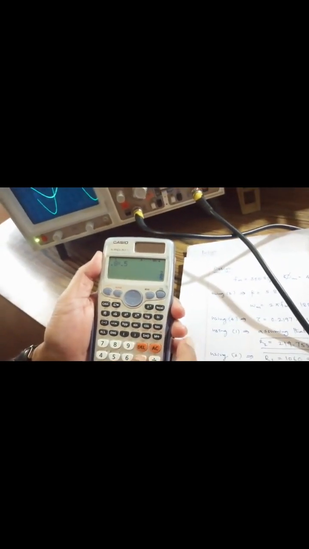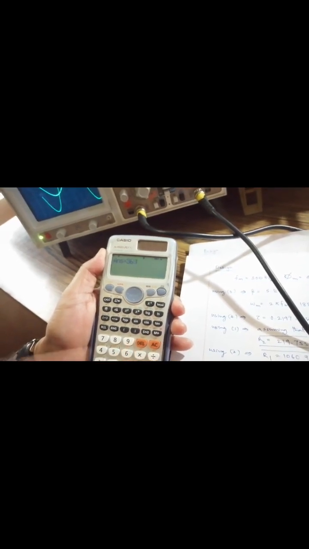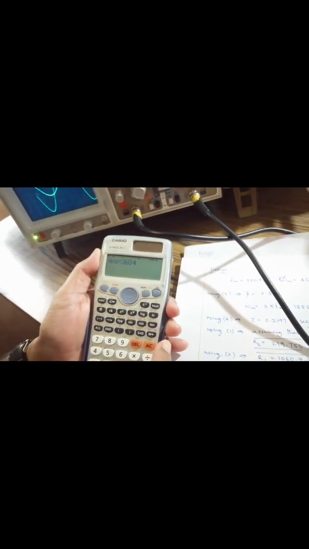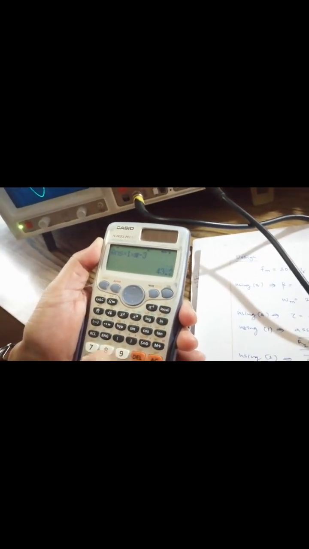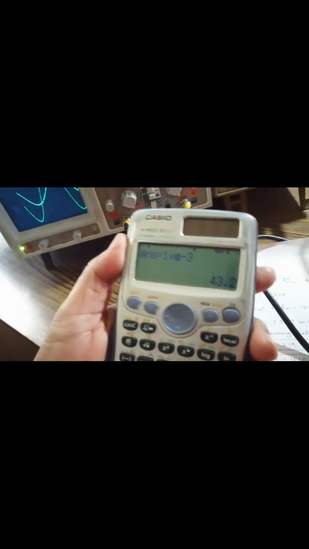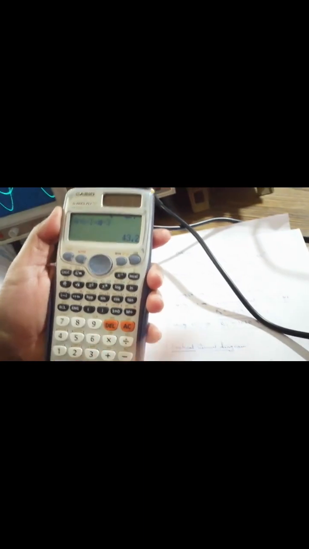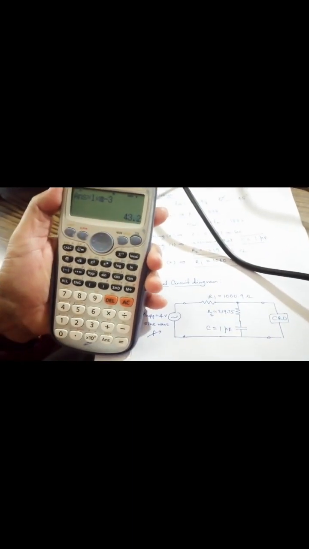To convert that into phase shift, you should multiply it by 360 into the frequency you have set, into the time period in milliseconds into 10 power minus 3. So it is 43.2. So for 45 degrees, you are getting 43.2 degrees, which is very close to the value for which you have designed.